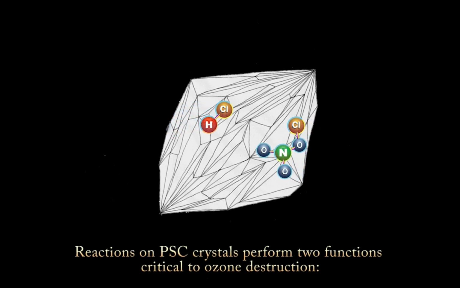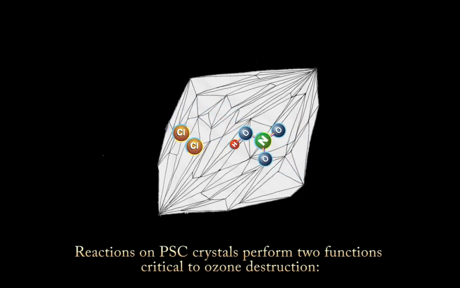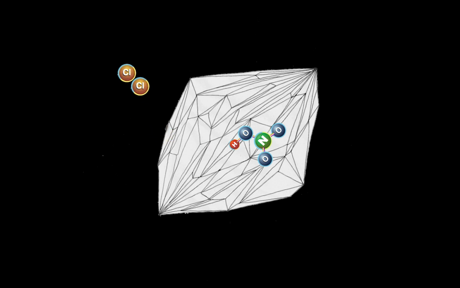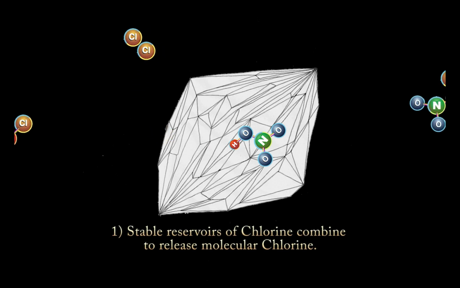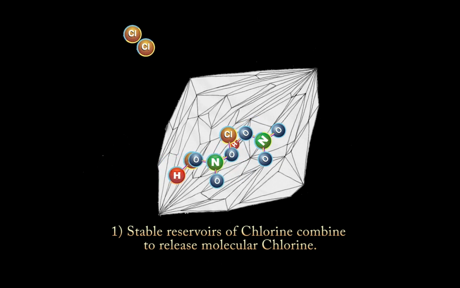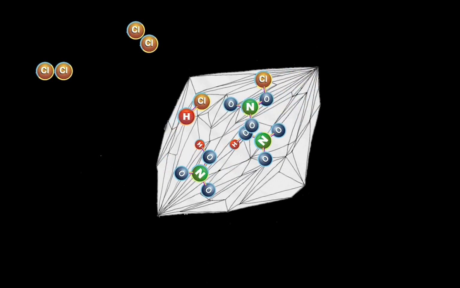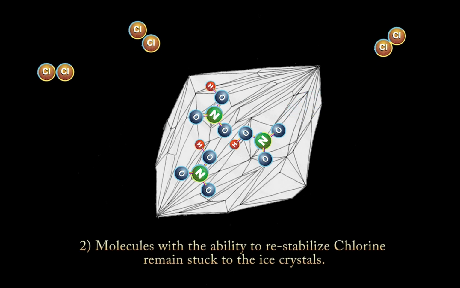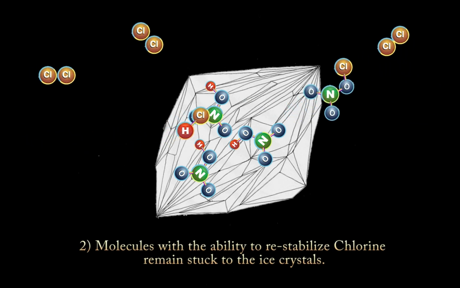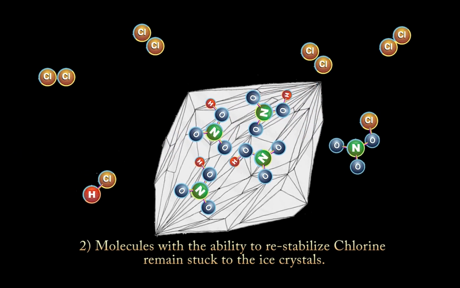Reactions in polar stratospheric clouds perform two functions critical to ozone destruction. Stable reservoirs of chlorine in our atmosphere combine on the crystalline surface to release molecular chlorine. The molecules with the ability to restabilize chlorine remain stuck to the ice crystals.